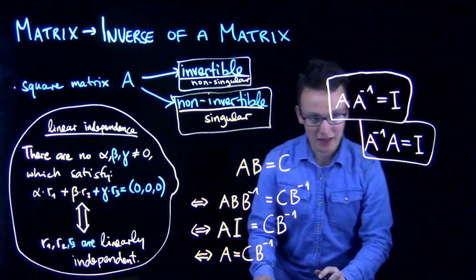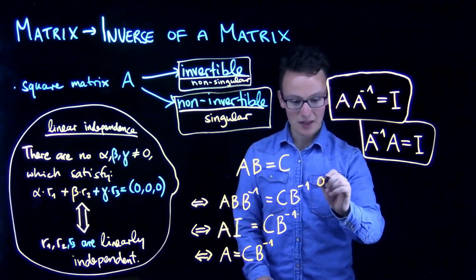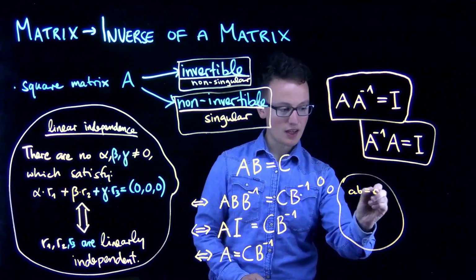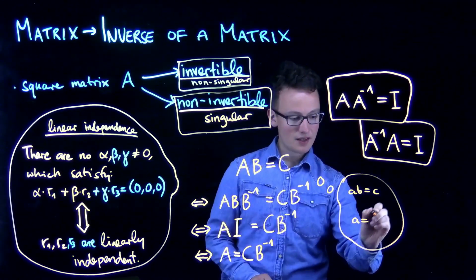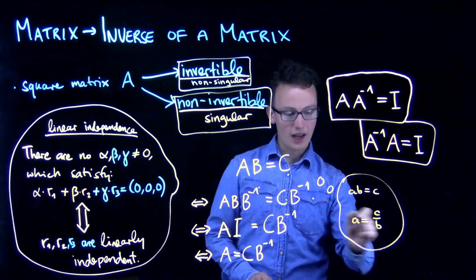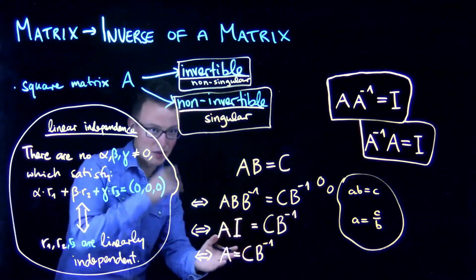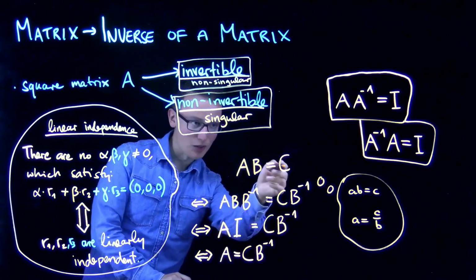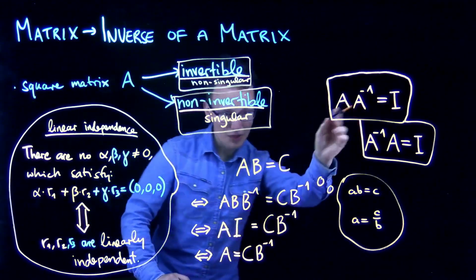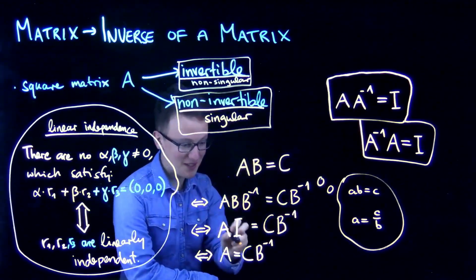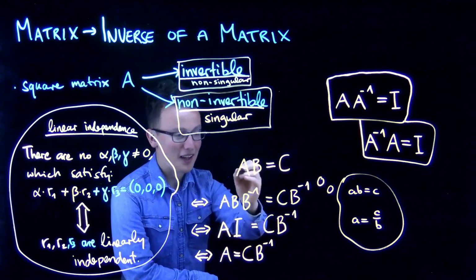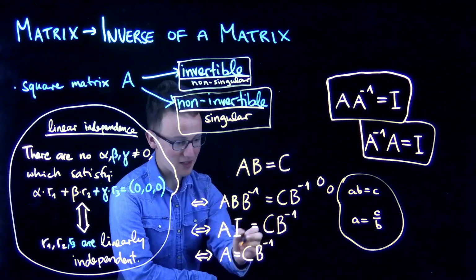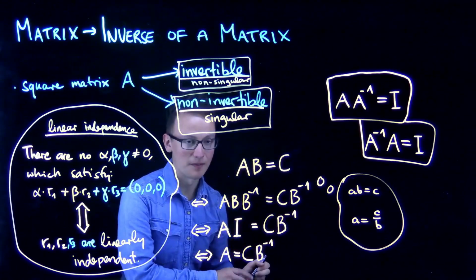And so this is the idea that just as with numbers, when I have something like AB is equal to C, I can then express A as C divided by B. Here I do the same thing, only the matrix version of it. So I have two matrices A, B, which multiplied equal a new matrix C. And using the inverse, which is basically a sort of division for matrices, I can now express the same relationship, but in terms of A.